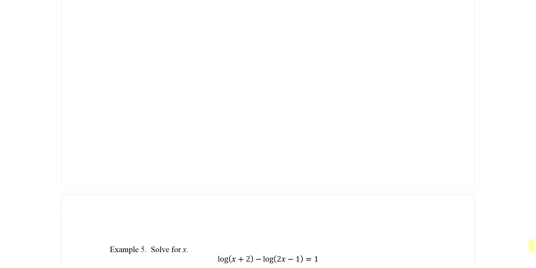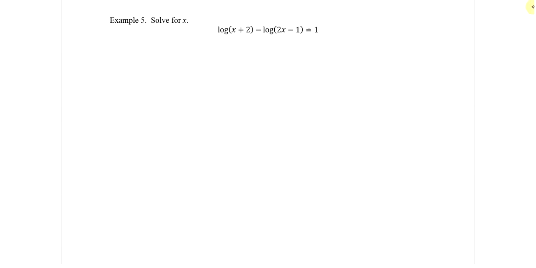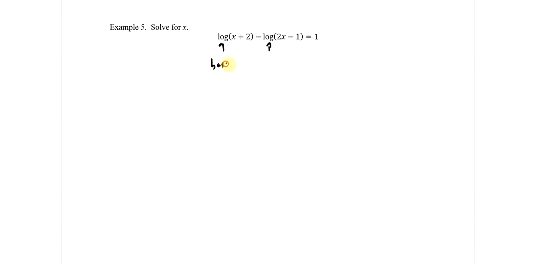Okay, here's another one. Log of x plus 2 minus log of 2x minus 1 equals 1. Okay, note, no base there, so what does that mean? We have base 10, right? So this is log base 10. This, not a log, right?